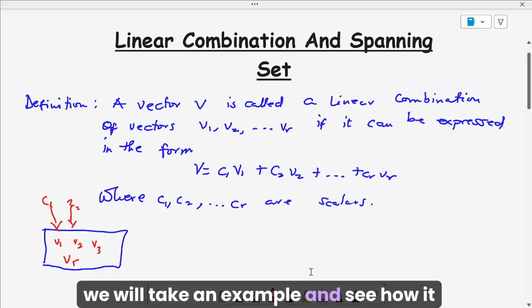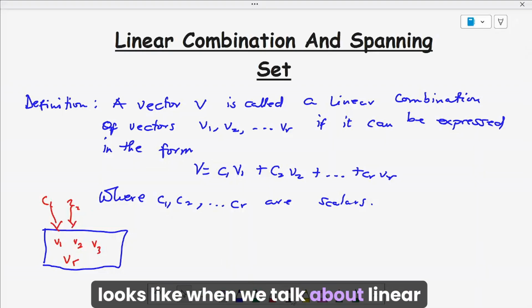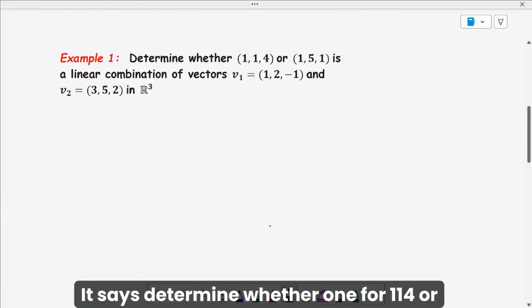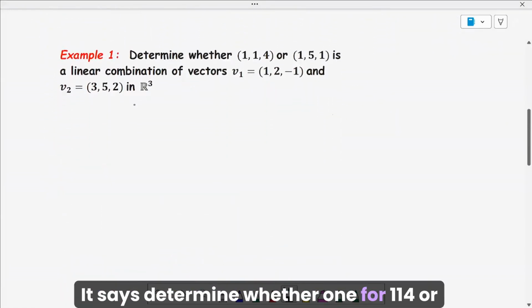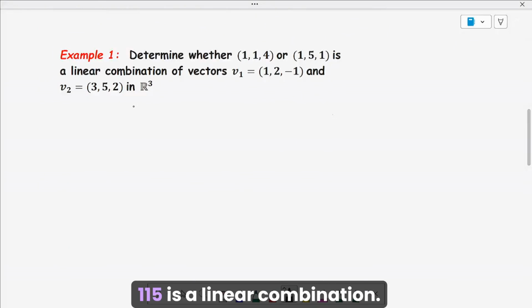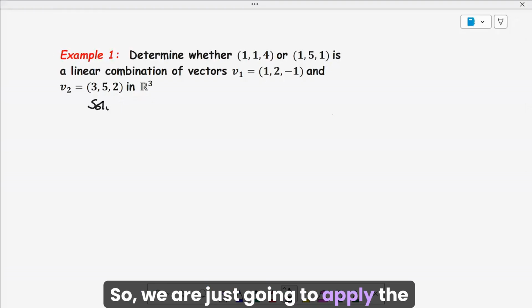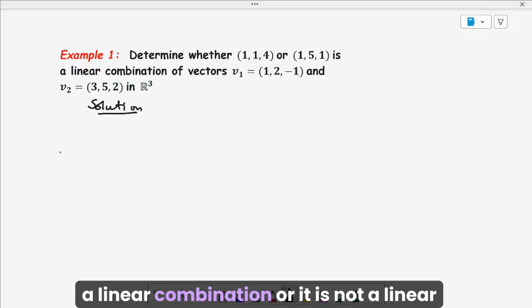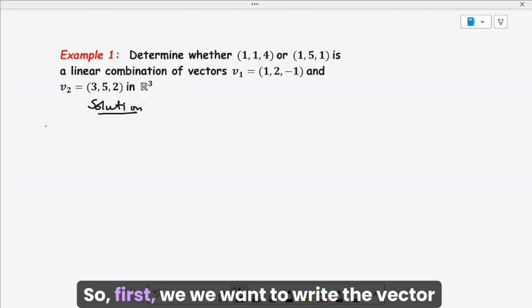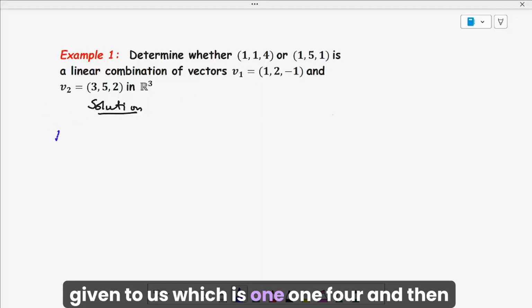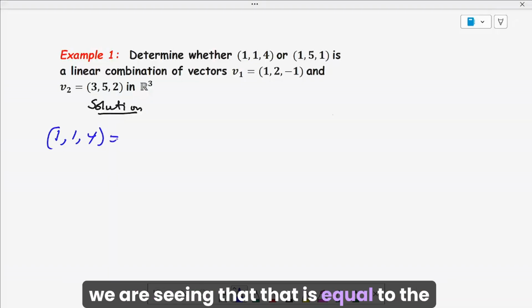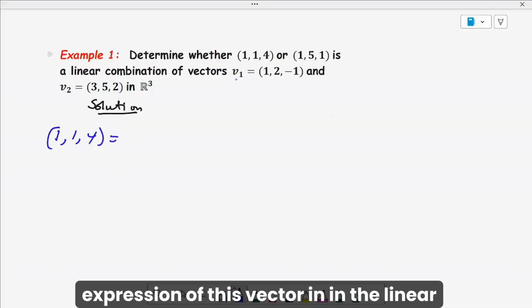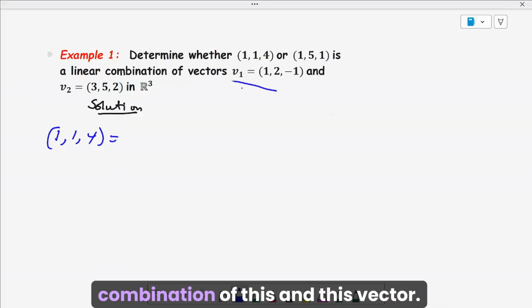Now we will take an example and see how it looks when we talk about linear combination. It says determine whether 1, 1, 4 or 1, 5, 1 is a linear combination. So we are just going to apply the principle we've learned already to see whether it is a linear combination or not. First we write the vector given to us, which is 1, 1, 4, and say that it is equal to the expression of this vector as a linear combination of these two vectors.